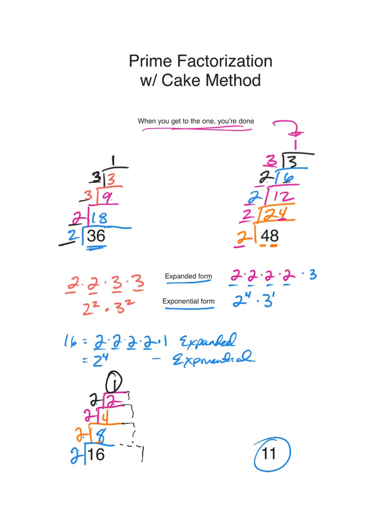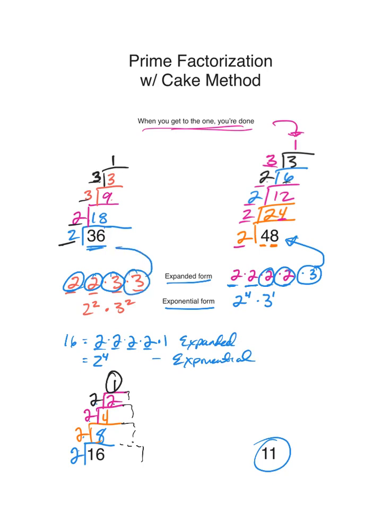Remember, when we multiply these prime factors together, they give us our original number. 2 times 2 is 4. Times 2 is 8. Times 2 is 16. Times 3 is 48. 2 times 2 is 4. Times 3 is 12.